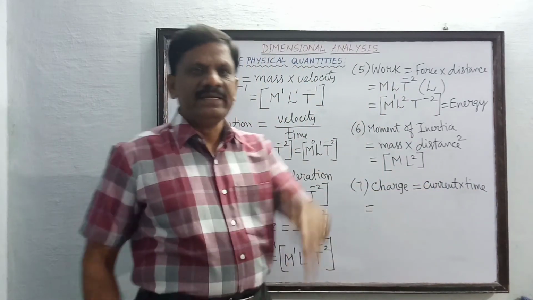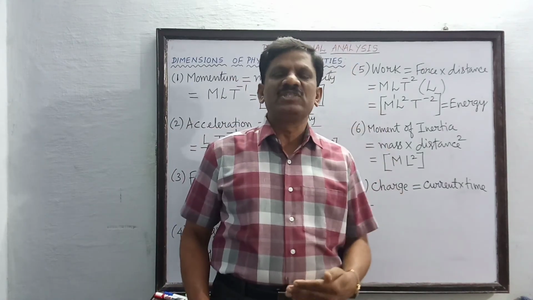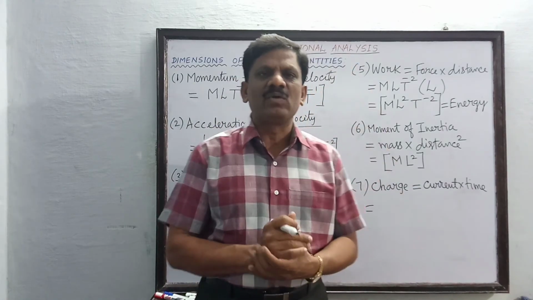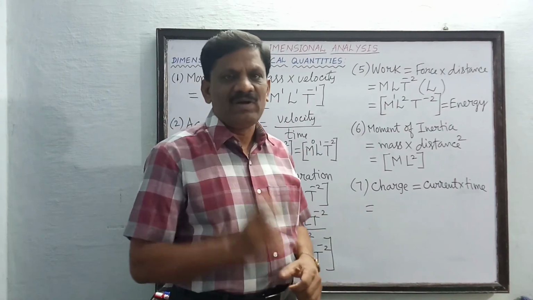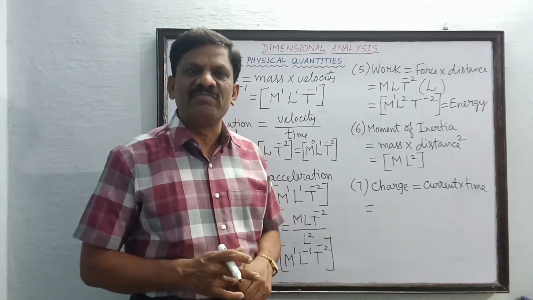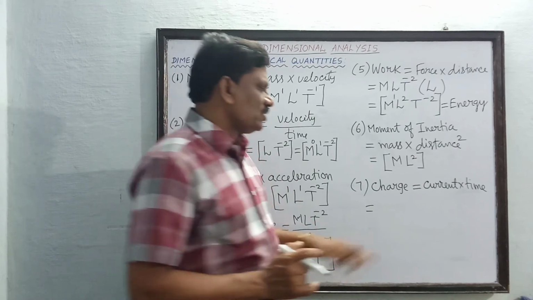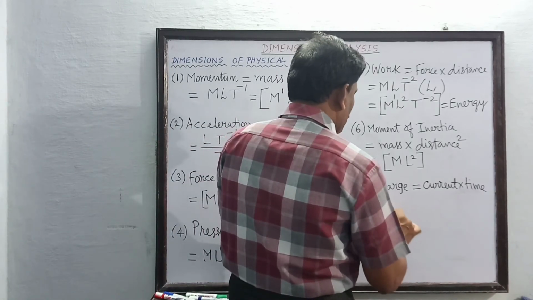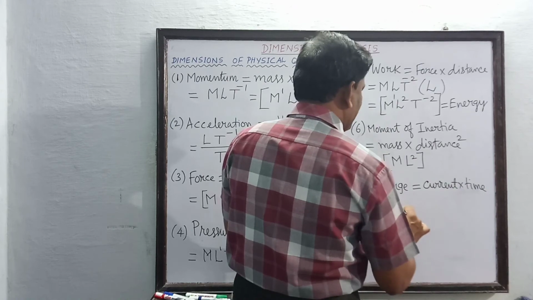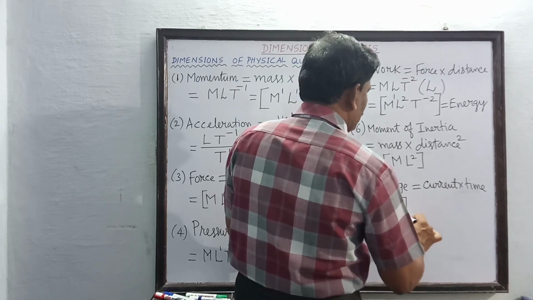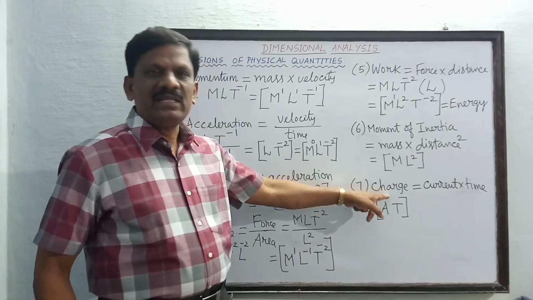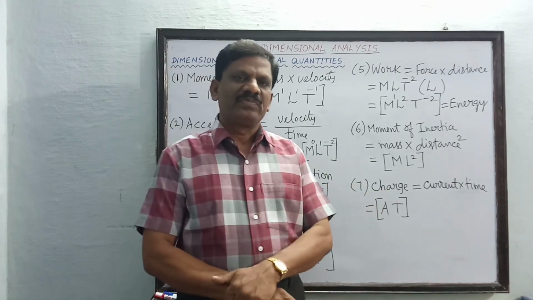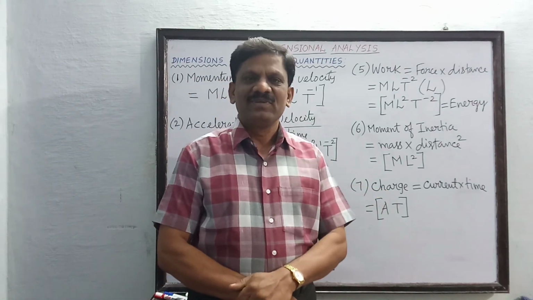Now in the list of dimensions of the fundamental physical quantities in the SI system, we have tabulated capital A for ampere, which is the dimension for electric current, is it not? So this is A, into time, which is capital T. So A into T is the dimensional formula for electric charge. Have you all understood? Okay, I hope.